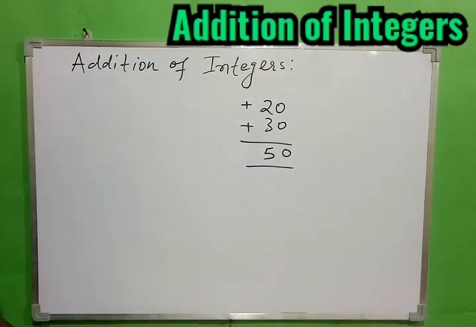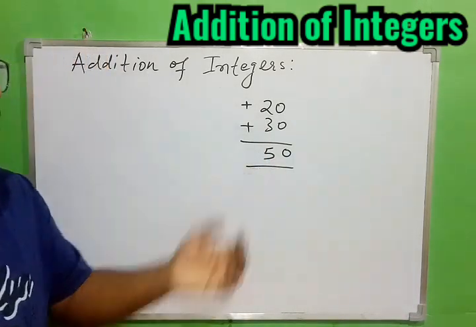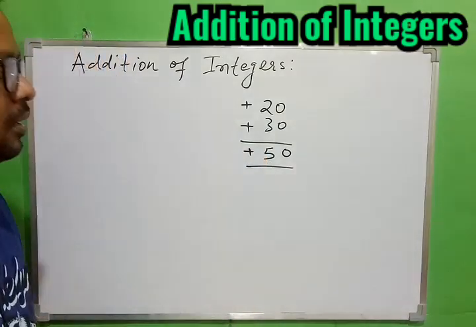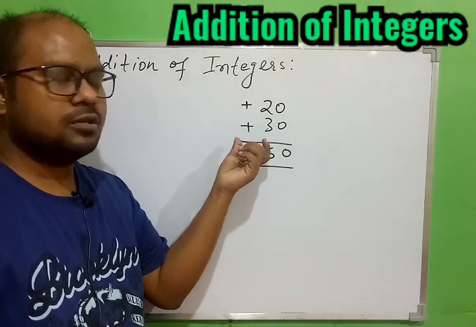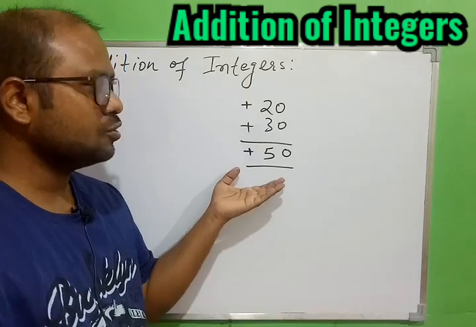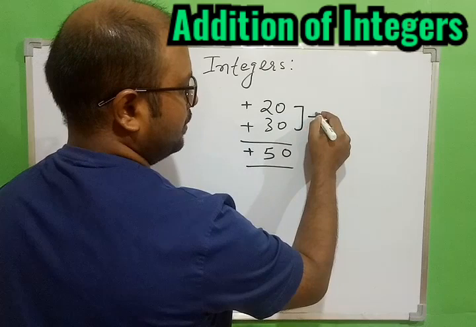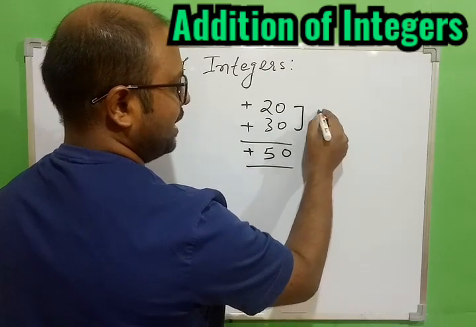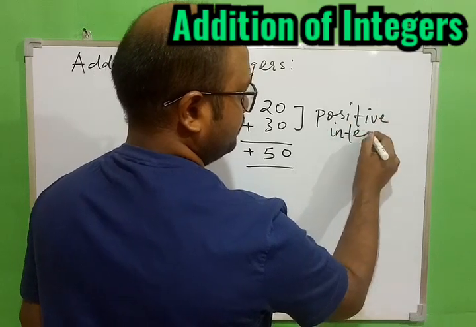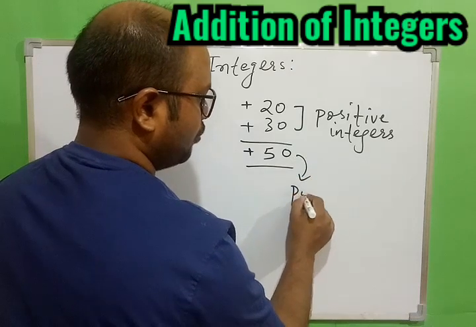So in general, whenever you are adding two numbers, they are basically positive integers, and the final answer you are getting is 50, which can also be written as plus 50. So we can say, if positive integers are added, then directly we know how to add them, and the answer is also a positive integer.